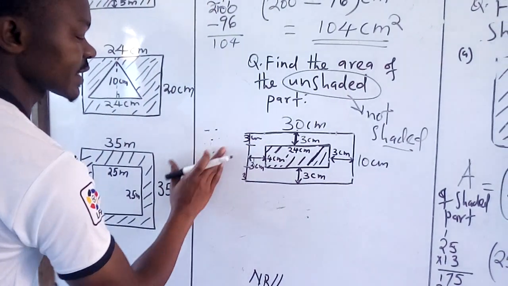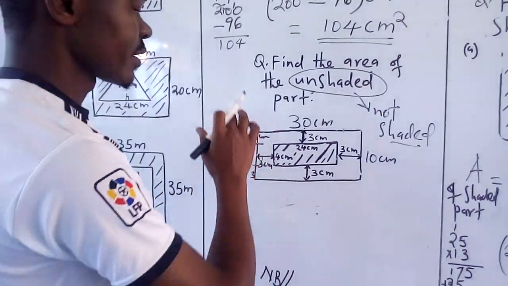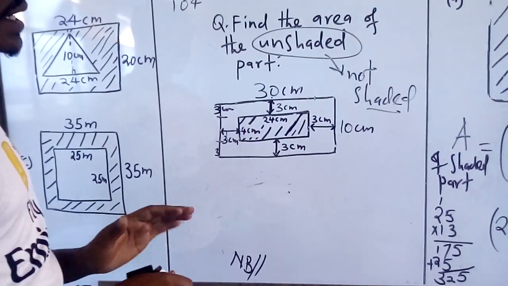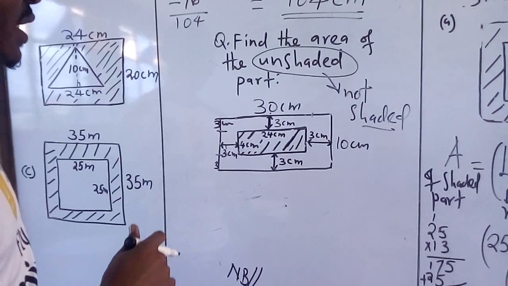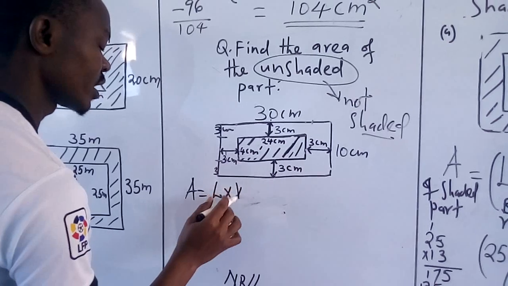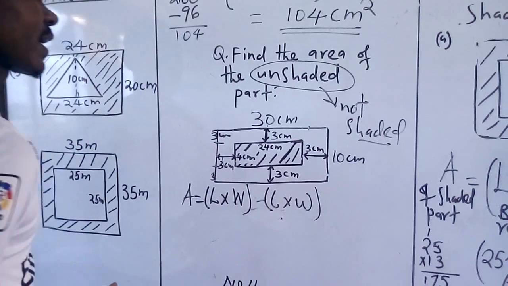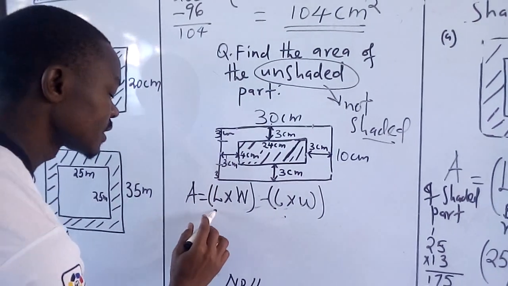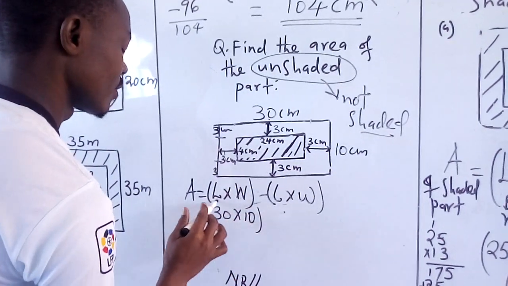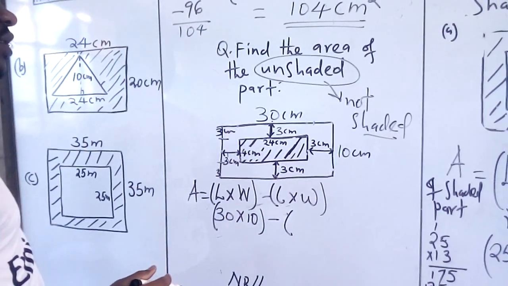Now, after calculating the length and the width of the bigger rectangle, you have the dimensions for the bigger rectangle and the smaller rectangle. Therefore, for us to get the area of the unshaded part, we will simply take length times width for the bigger rectangle minus length times width for the smaller rectangle inside. So we are going to have 30 multiplied by 10 for the bigger rectangle minus 24 times 4 for the smaller rectangle inside.